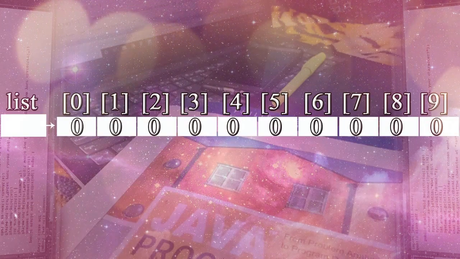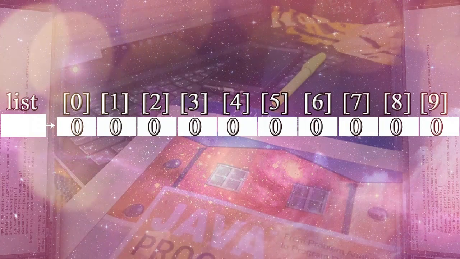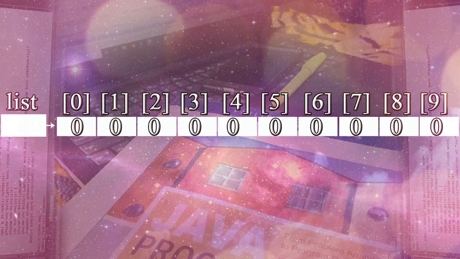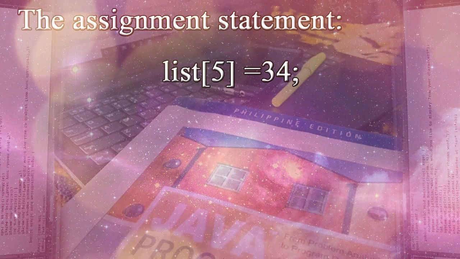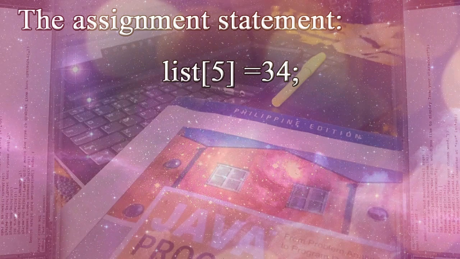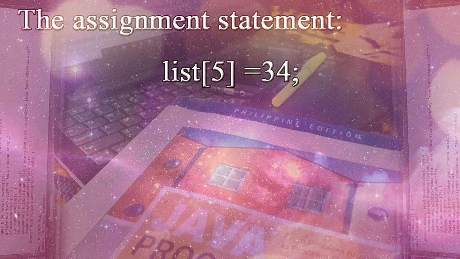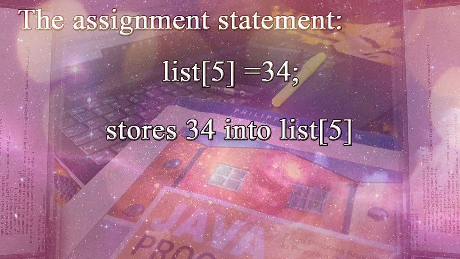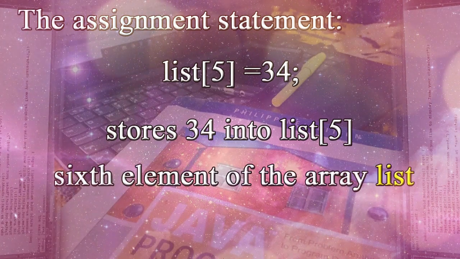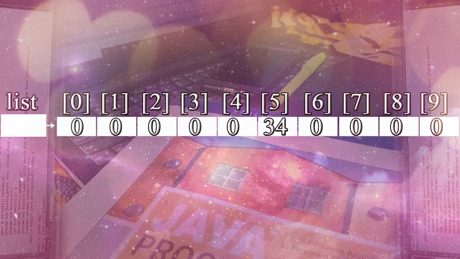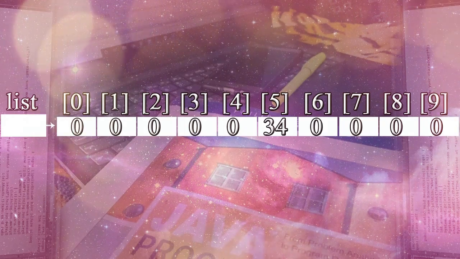We can also illustrate the array list using this figure. We also have what we call the assignment statement, just like this example, wherein it stores 34 into list[5], which is the 6th element of the array. We can illustrate it using this figure.